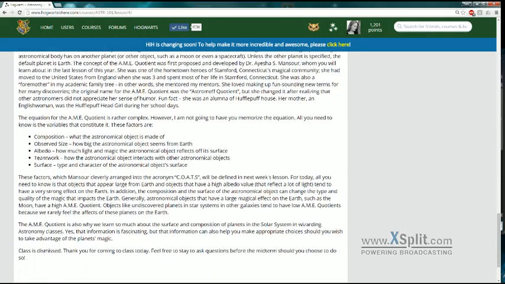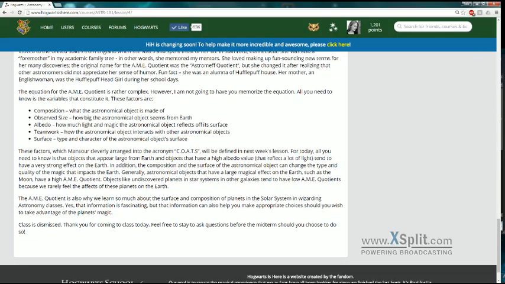These factors are composition, what the astronomical object is made of; observed size, how big the astronomical object seems from Earth; albedo, how much light and magic the astronomical object reflects off its surface; teamwork, how the astronomical object interacts with other astronomical objects; surface, type and character of the astronomical object's surface. These factors, which Mansour cleverly arranged into the acronym COATS, C-O-A-T-S, will be defined in next week's lesson.